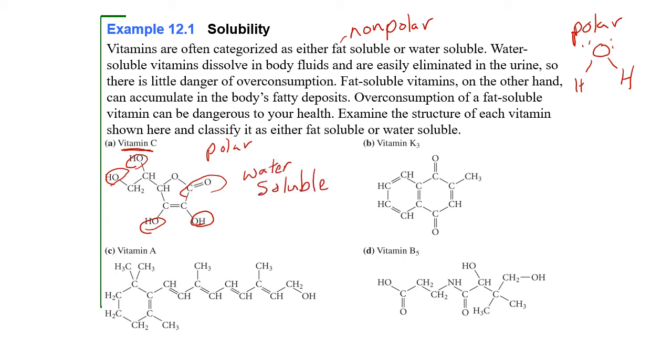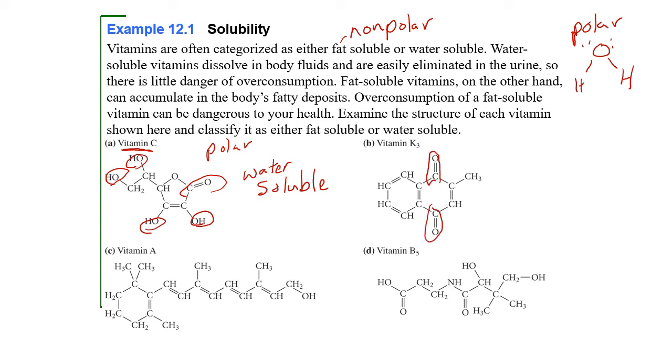This makes sense if we think about it because it's found in many citrus fruits, which form juices. So the vitamin C is carried into our body using a water solvent.